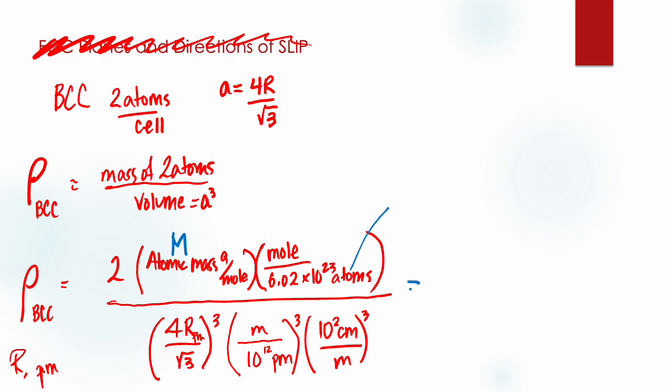Density then is going to be equal to 2M times 3 square root of 3. That's the root 3 cubed. Divided by Avogadro's number.